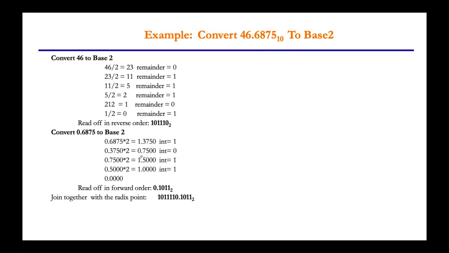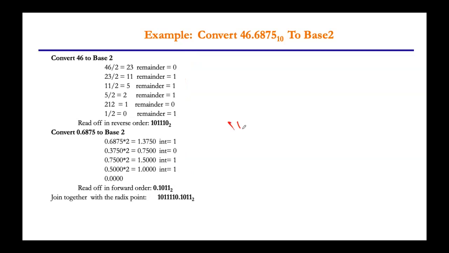Then 0.5000 will be multiplied by 2, which gives 1.00, and the fractional part then becomes 0. So the integer part is written in order from bottom to top, while here it is from top to bottom. So it can be written as dot 1011, that is the fractional part.